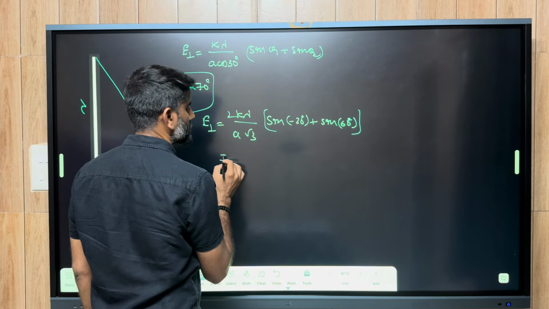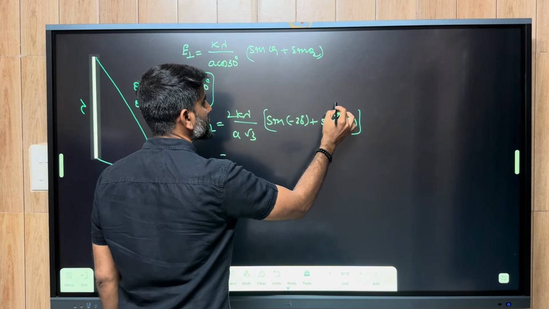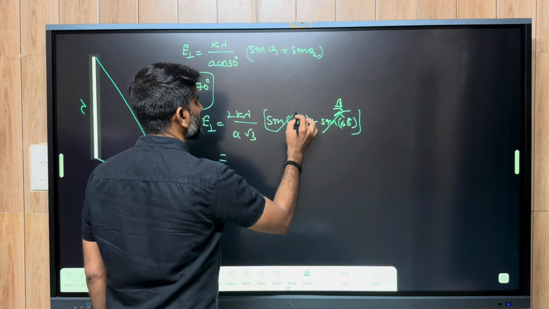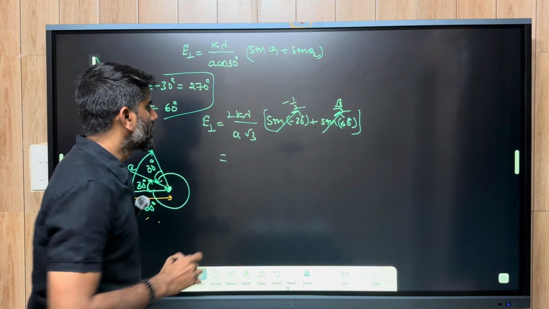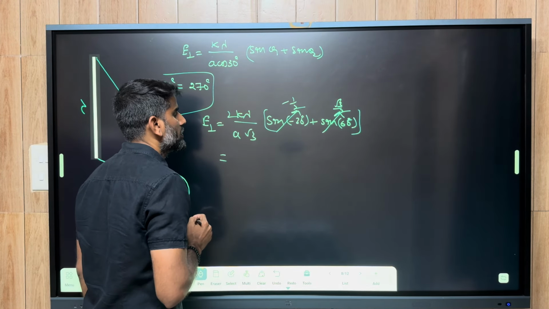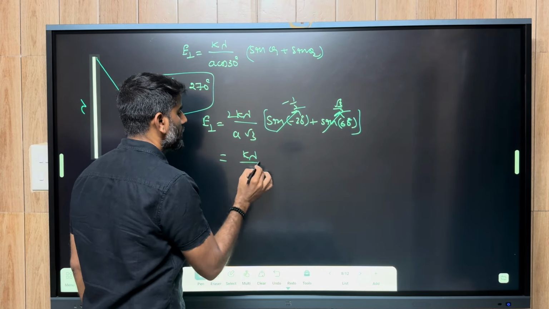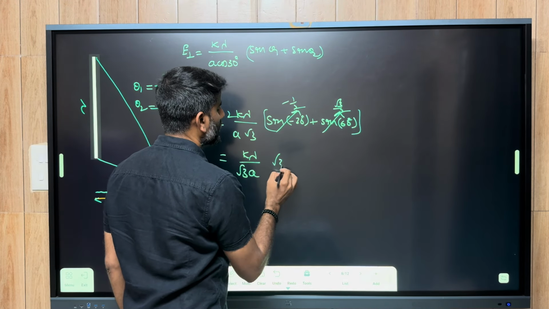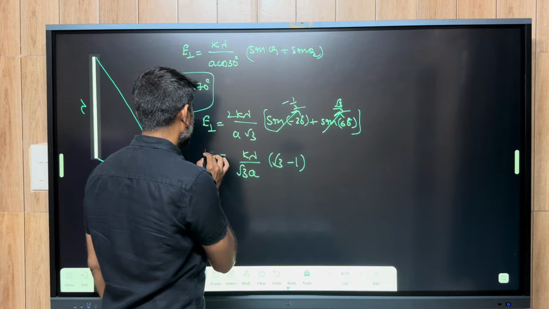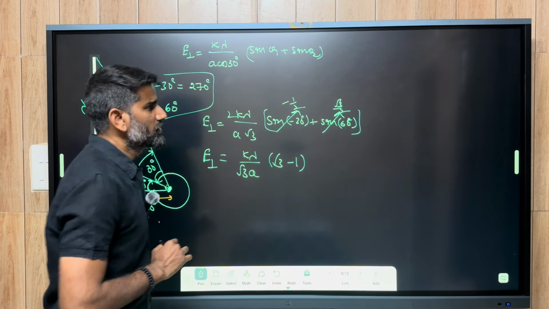Sin 60 is root 3 by 2, sin minus 30 is minus 1 by 2. You can take 1 by 2 common, and this 2 will get cancelled. What are we left with? K lambda by root 3a, into root 3 minus 1. E perpendicular is equal to that.